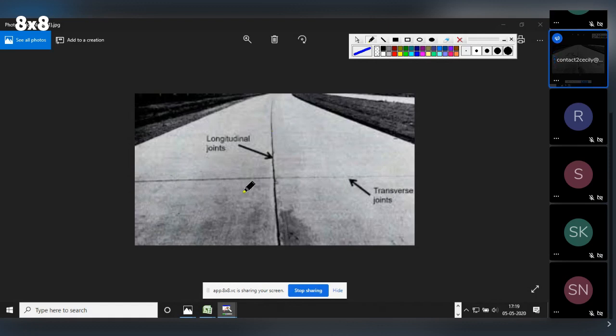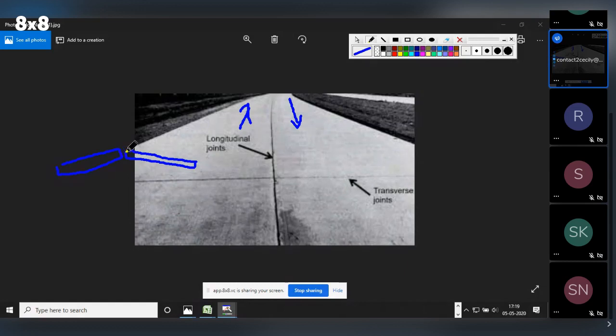If traffic keeps on moving over that slab, then what happens? Again the slab will look like this. We have to give some elevation. What is this elevation known as? You have already gone through it in your geometric design chapter.